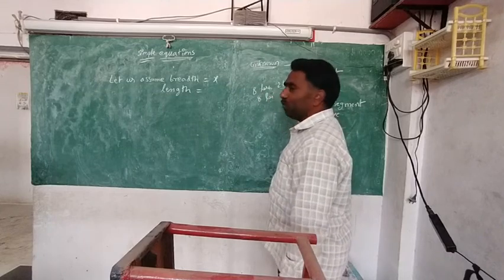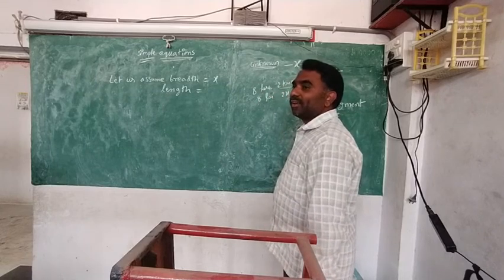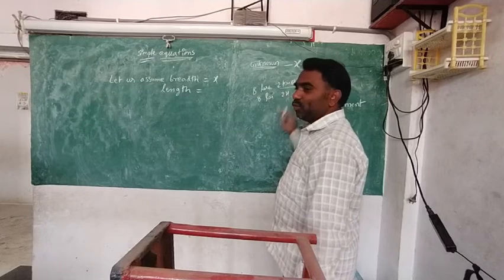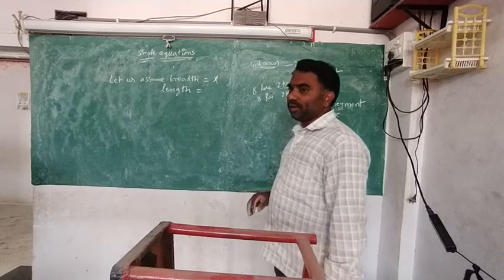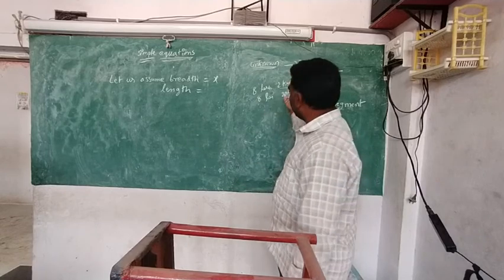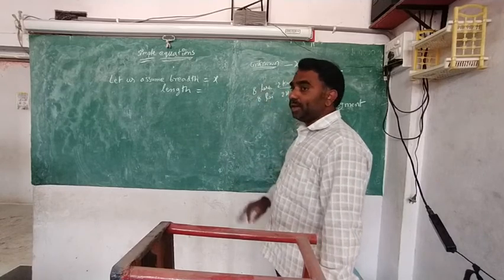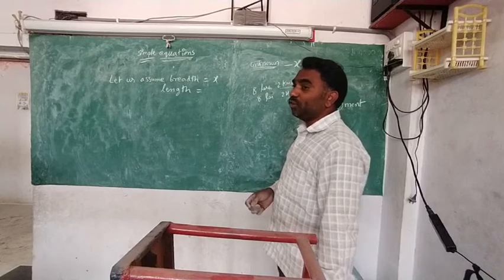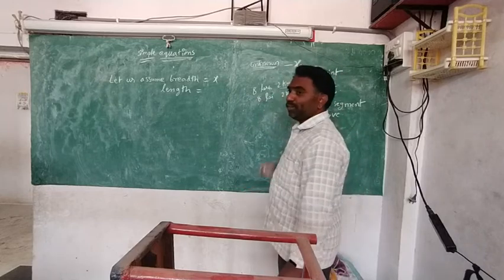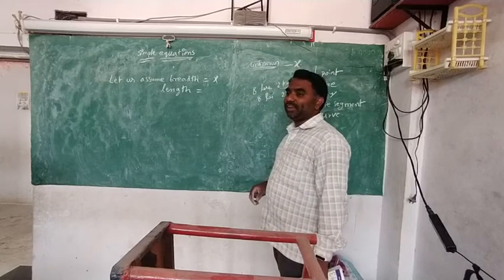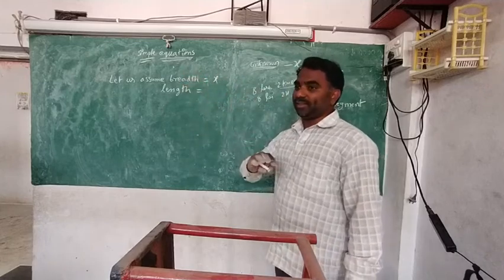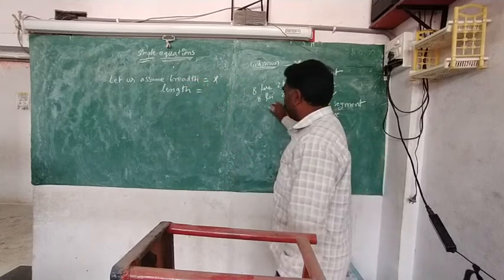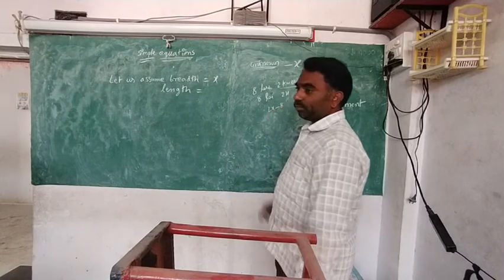8 less than 2x. Minus 8 from 2x, or minus 8 plus 2x, like that also you can say. Otherwise 2x minus 8. Sometimes you make a mistake and say 8 minus 2x. That is not right. 8 less than 2x means 2x first, and 8 less means minus 8.